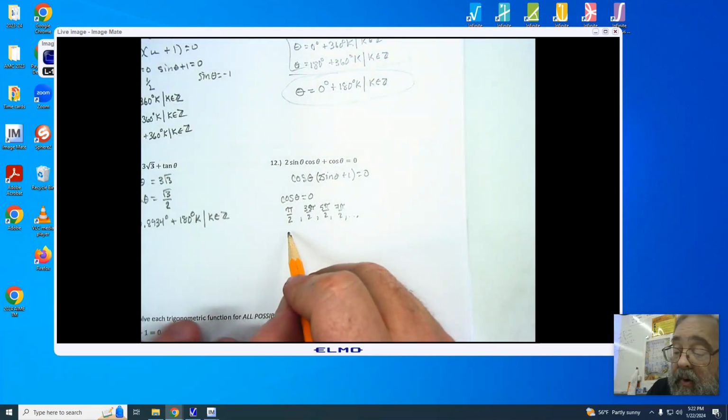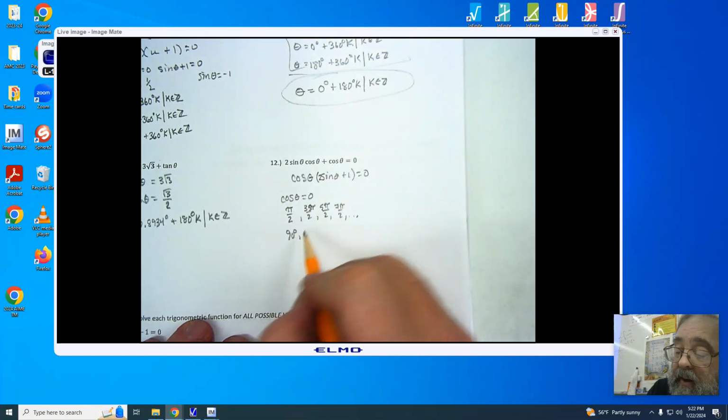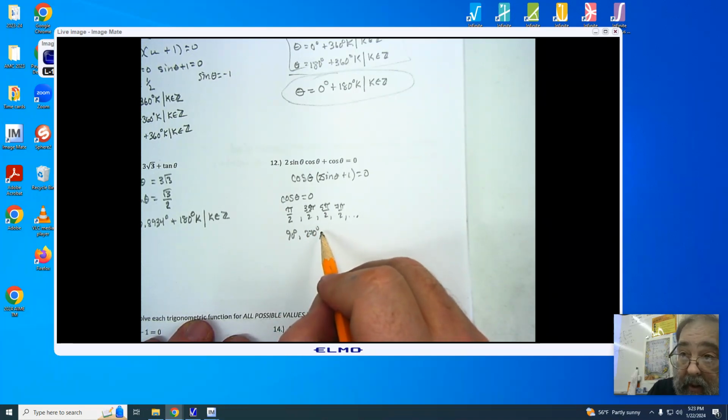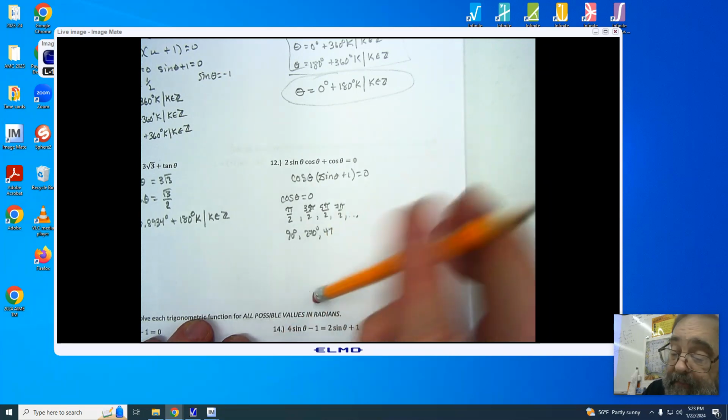In degrees, we're looking at 90 degrees, and then this one would be 270 degrees, and then we would have 360 plus 90, which is 450 degrees.